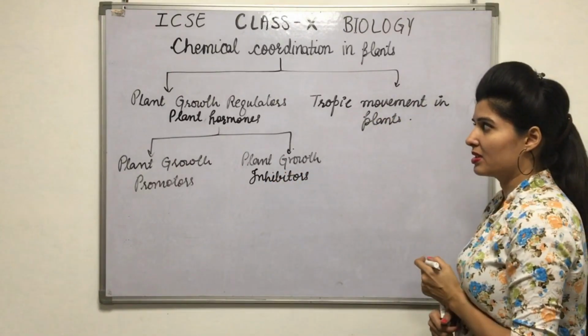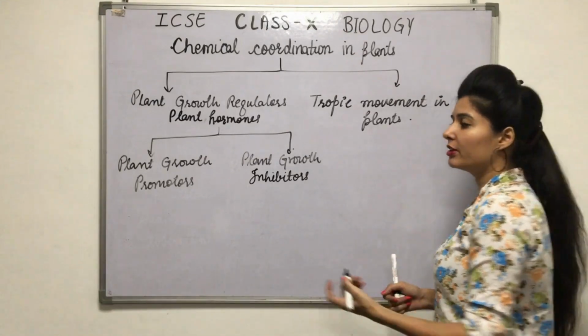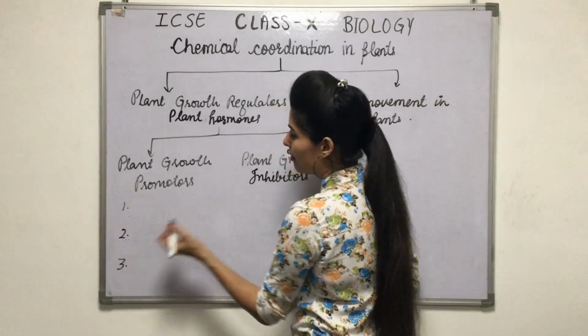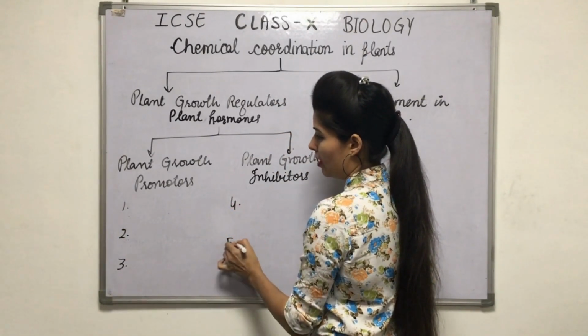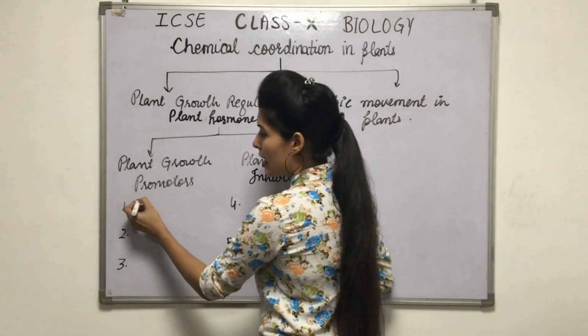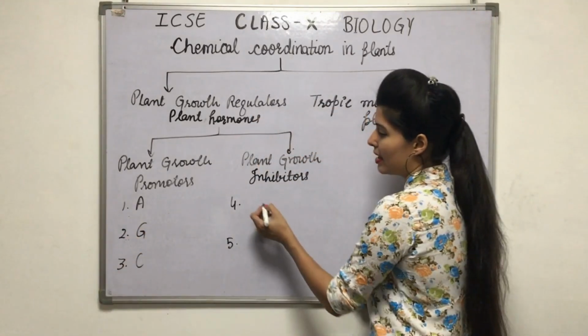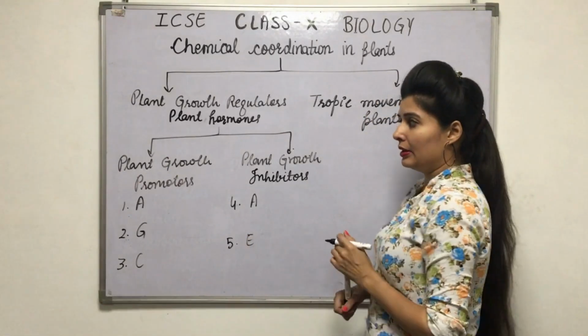Now see students, it's easy to remember up till now, but for further I am giving you a shortcut for how you have to remember it. 5 plant hormones are there, that is auxin, gibberellin, cytokinin, abscisic acid and ethylene.